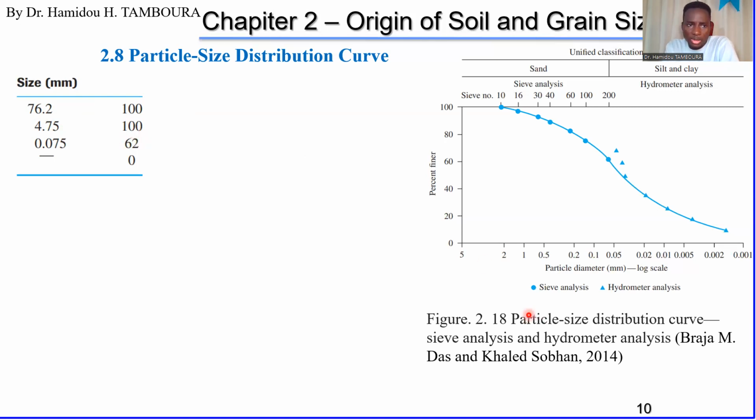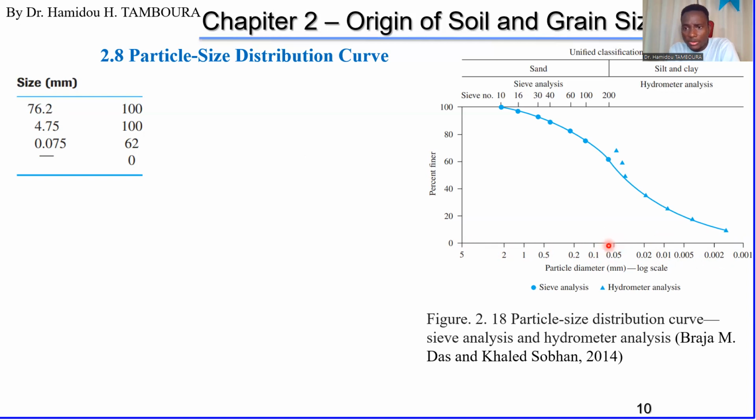How about the diameter 0.075? That one, we can say that it is around 62%, because this is 0.05 and 0.1. Just don't forget that this is a logarithmic scale, so it is not in the middle of 0.1 and 0.05.